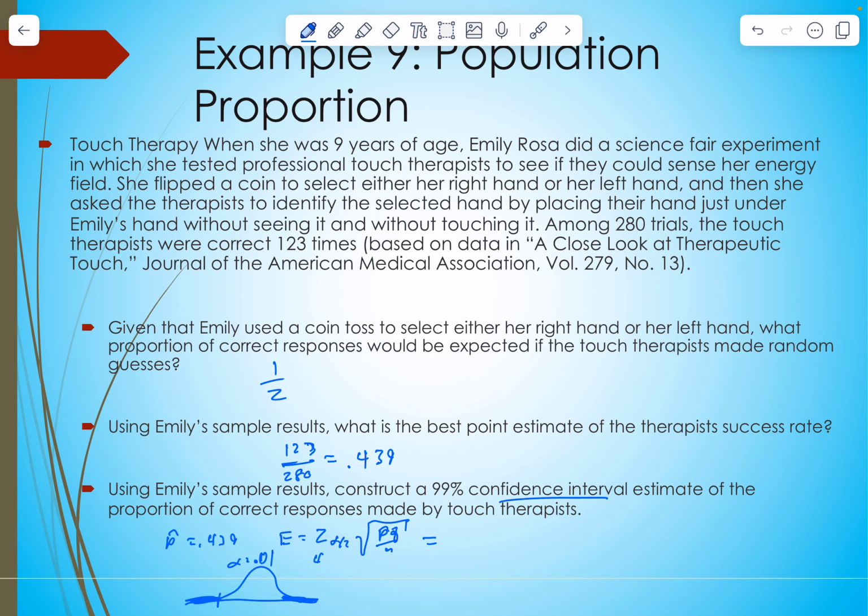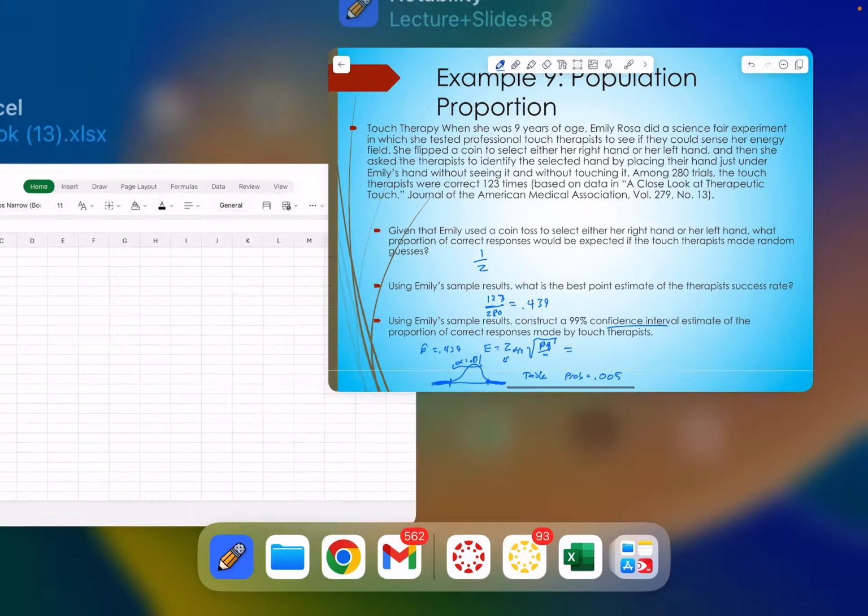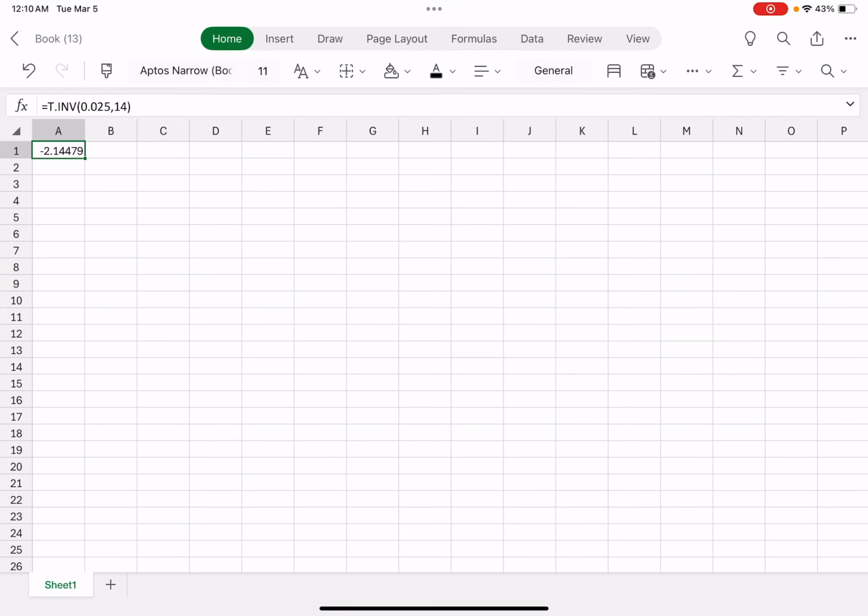So that means I'm going to look up in the table, or maybe I'll use Excel, the probability that I put into Excel is 0.005. That's half of the total area, which is alpha, because I want the area in the fringes to be that much.